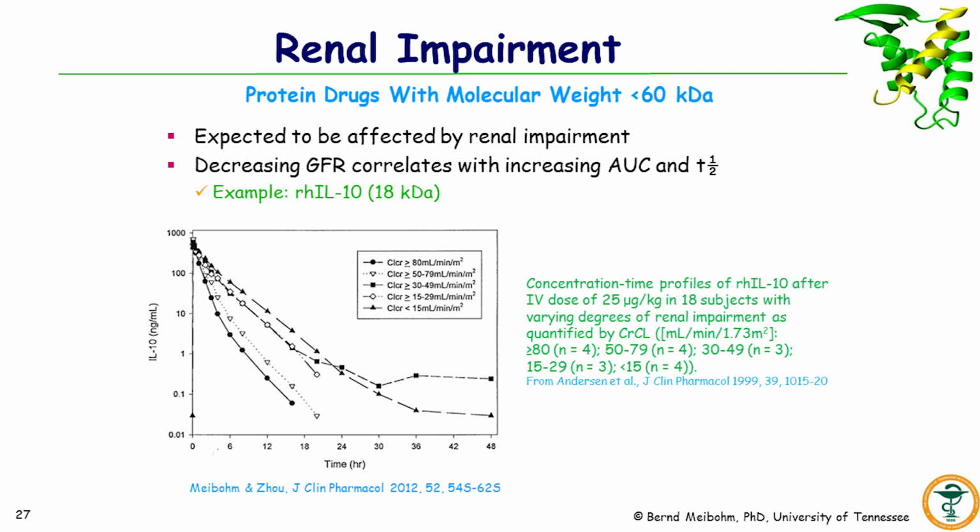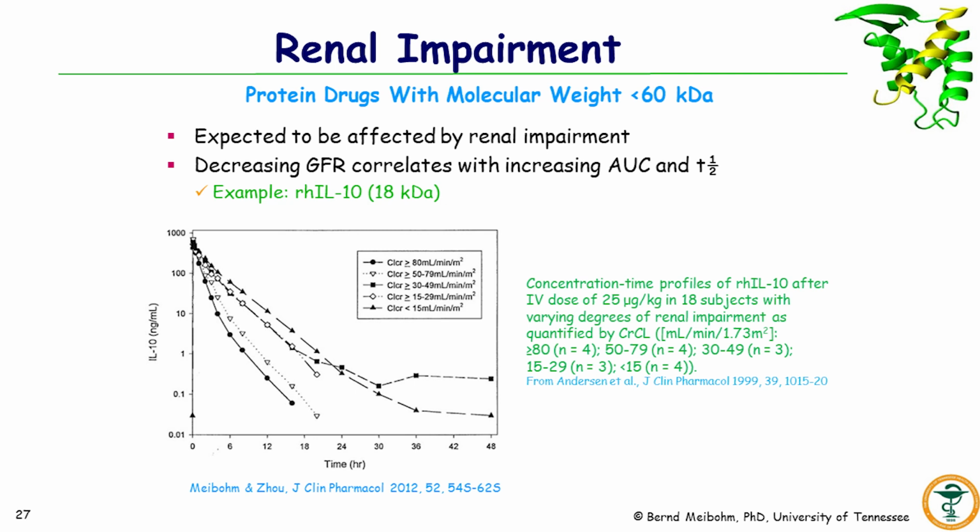For regulatory purposes, the Food and Drug Administration usually uses the molecular weight of albumin, 69 kilodalton, as albumin is known to be not filtered by glomerular filtration. So therapeutic proteins that are smaller than this cutoff are expected to be affected by renal impairment.